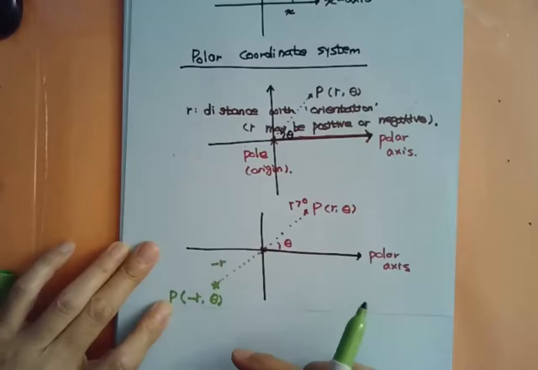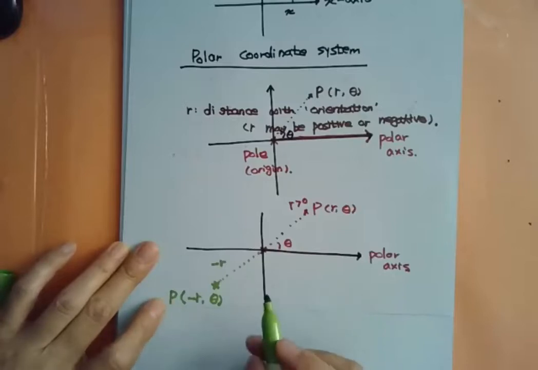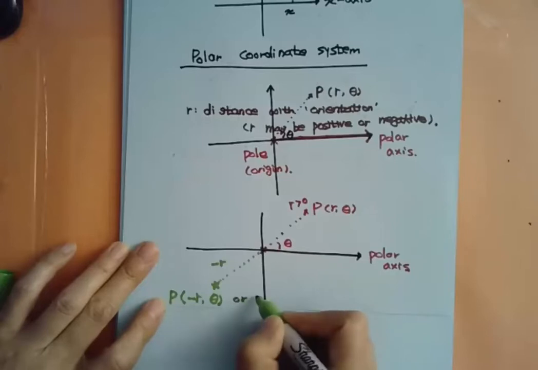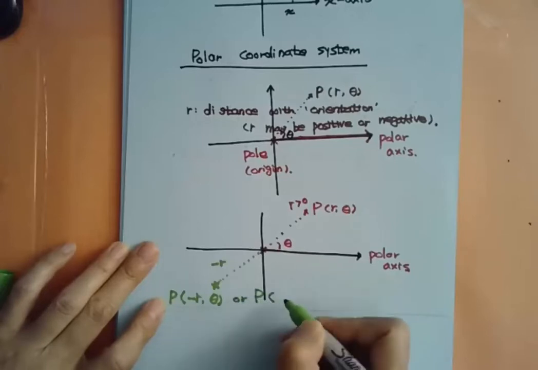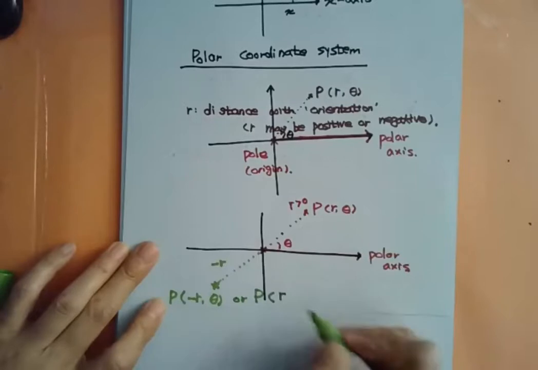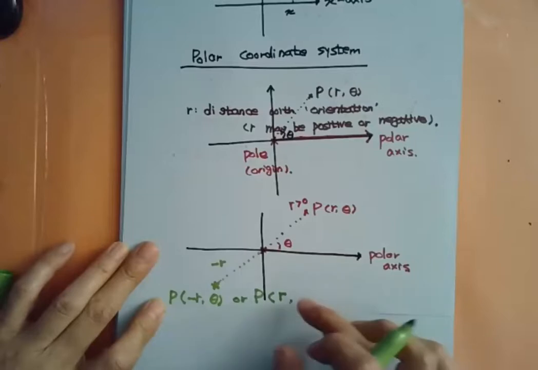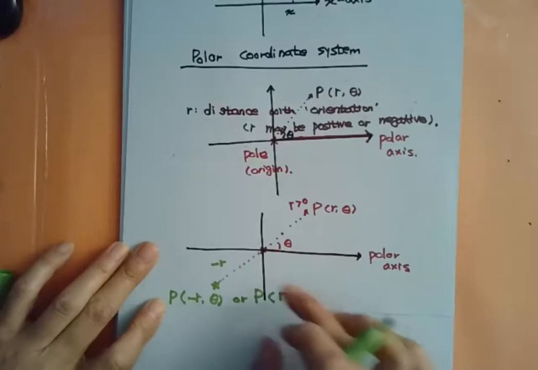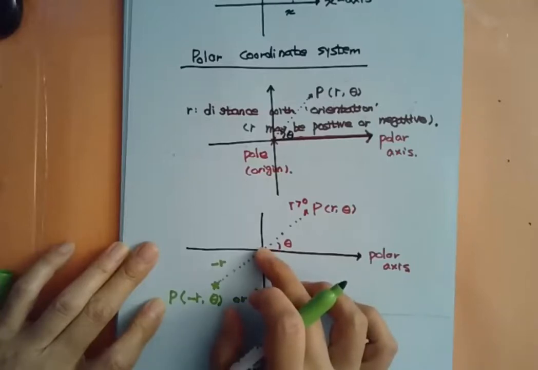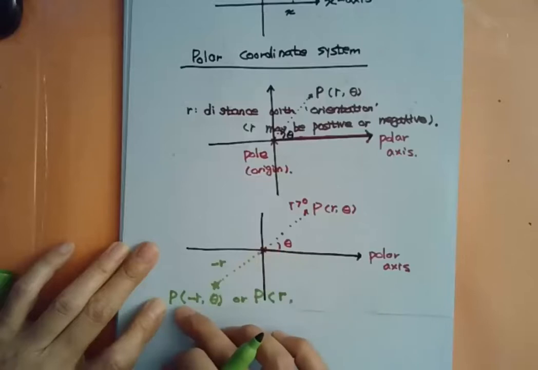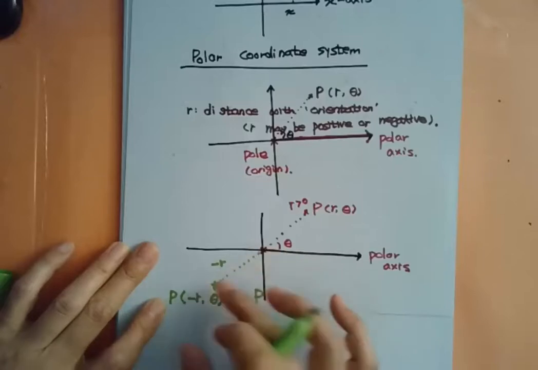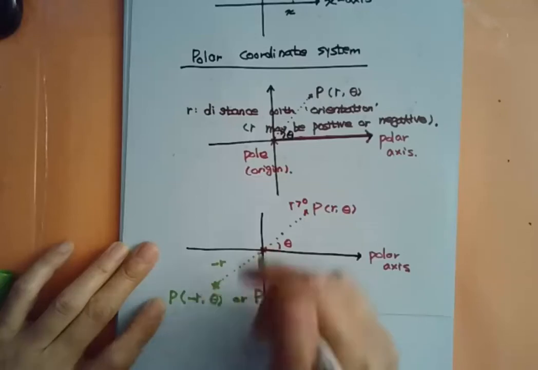But we can describe the same point differently. That can be just r, which is a positive number. And then what we know with the sign of r, which is positive, is that the angle described here is toward the line segment which joins the origin and the point.